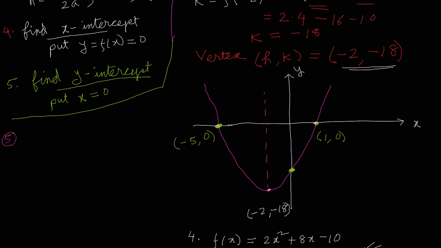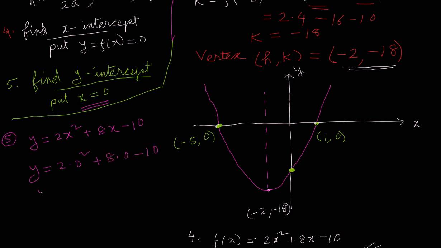So let me rewrite. What's my equation? Y equals, originally, 2x square plus 8x minus 10. Now I am going to put x equal to 0 in this particular equation. So what do I get? Y equals 2 times 0 square plus 8 multiplied by 0 minus 10.